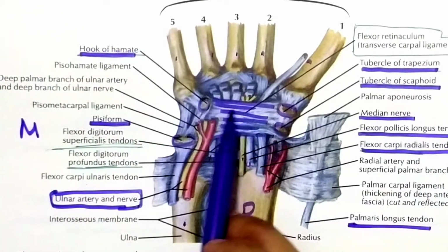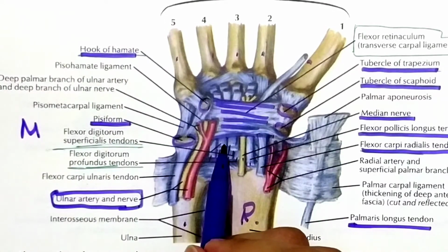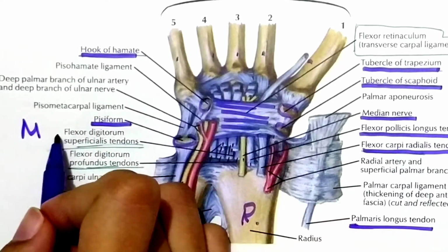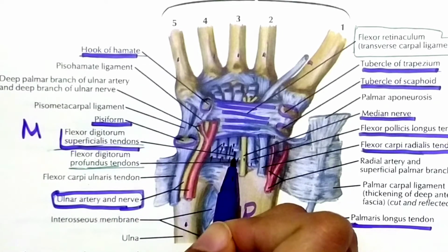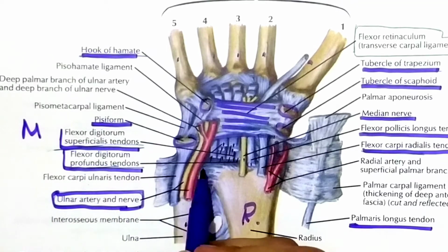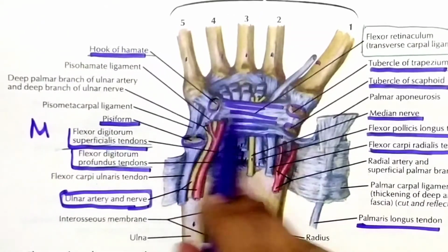So here the flexor retinaculum is shown clearly, and these are all the tendons. Above there are 4 tendons of flexor digitorum superficialis, and below the 4 tendons are of flexor digitorum profundus, okay? So here all the contents and attachments are shown.